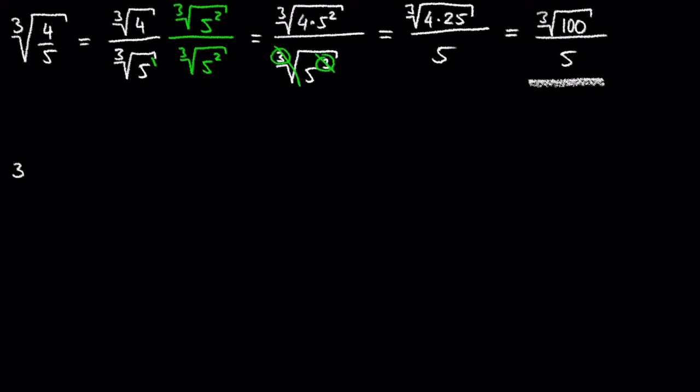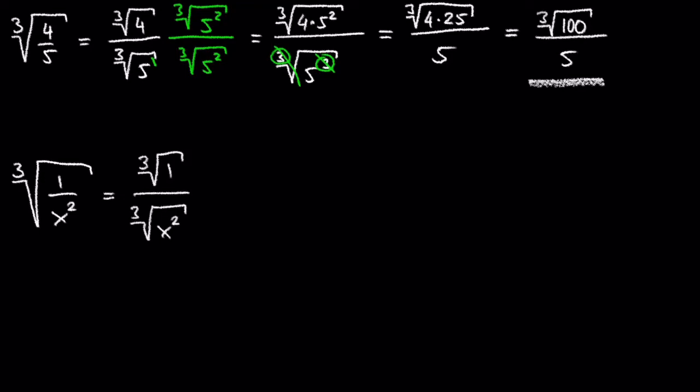The third root of 1 over x squared. Again, after applying the division law for roots, we get the third root of 1 over the third root of x squared.